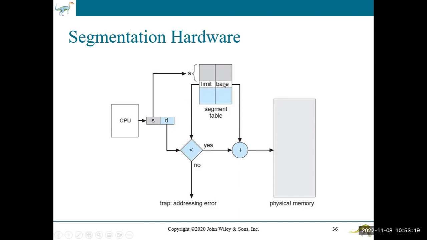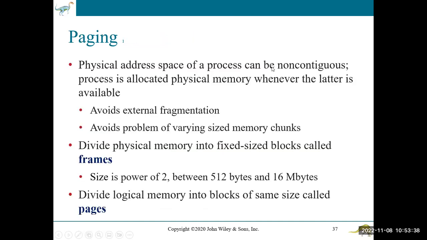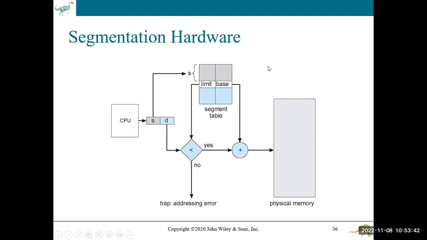So you have your base and your limit and your segment table, and then your physical memory. And so you have allocation of physical memory based on this piece of work here. Any questions about this diagram?